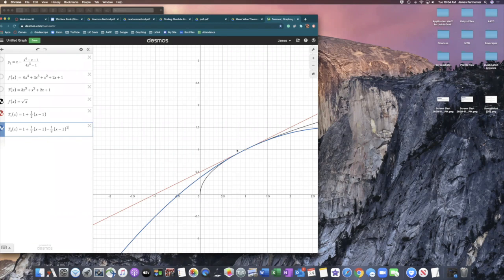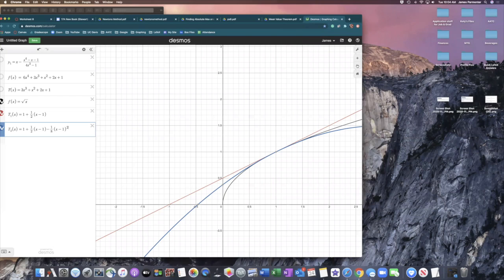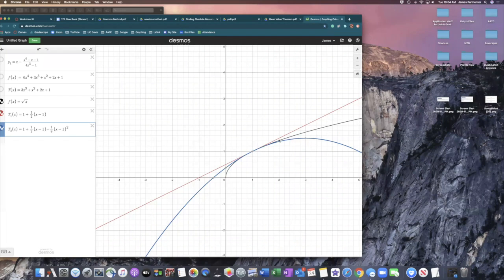The blue one is closer to the black one than the red one is, over here. And over here, it's certainly closer for a bit, although as we go out, I need to zoom out, as you go out, it definitely gets further away. So close to 1, yeah, that blue one's a good approximation.